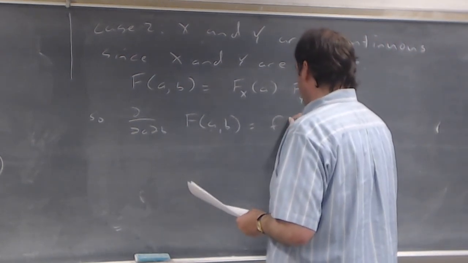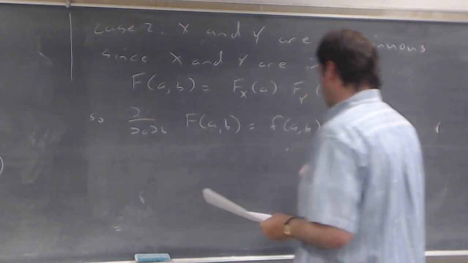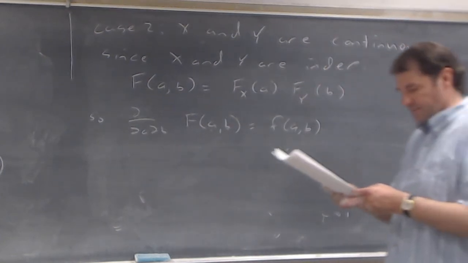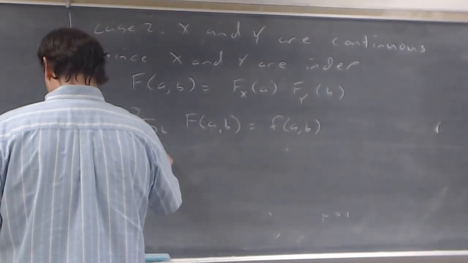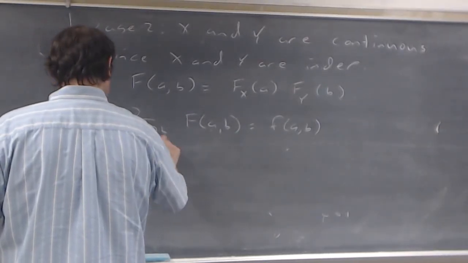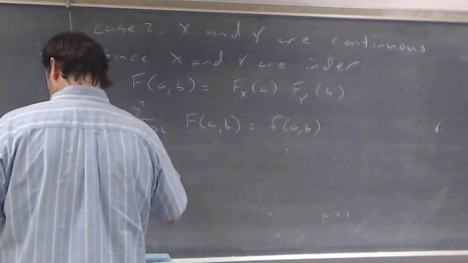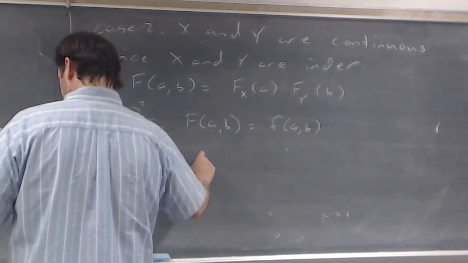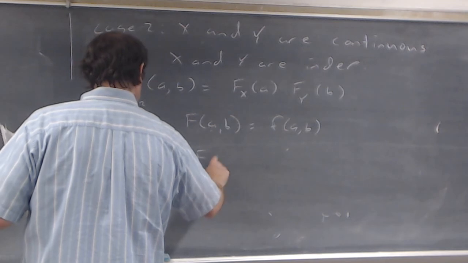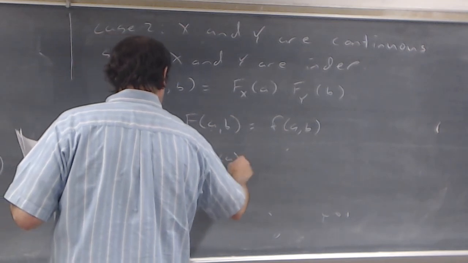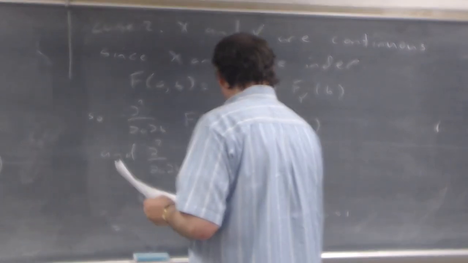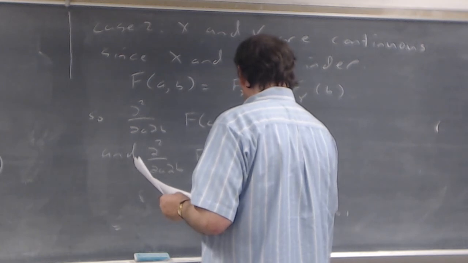that's going to be equal to little f of (a, b), which we've already shown. Okay, and if you take the partial, on the other side, it's f_X(a) times f_Y(b).